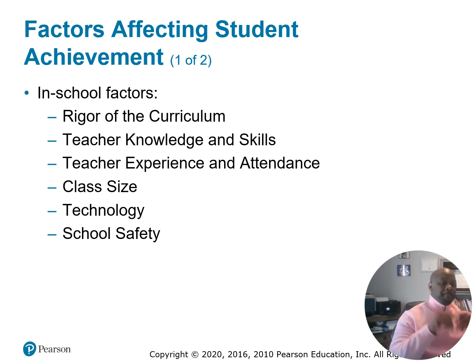So factors that may impair or affect student achievement are the rigor, which is the cognitive challenge that the student may have in the curriculum; teacher knowledge and skills, so how good the teacher is, how well the teacher creates relationships and provides the information; and teacher experience and attendance, so how experienced the teacher is and how consistent in being present.